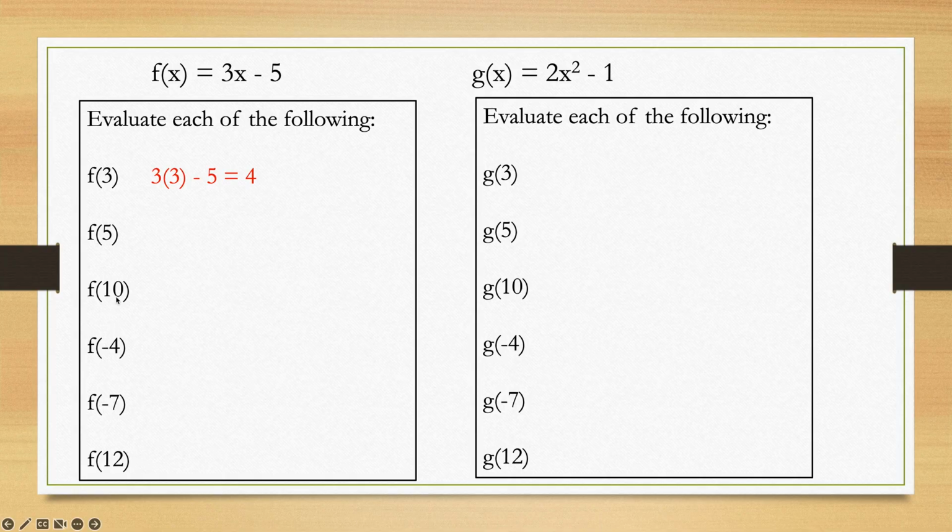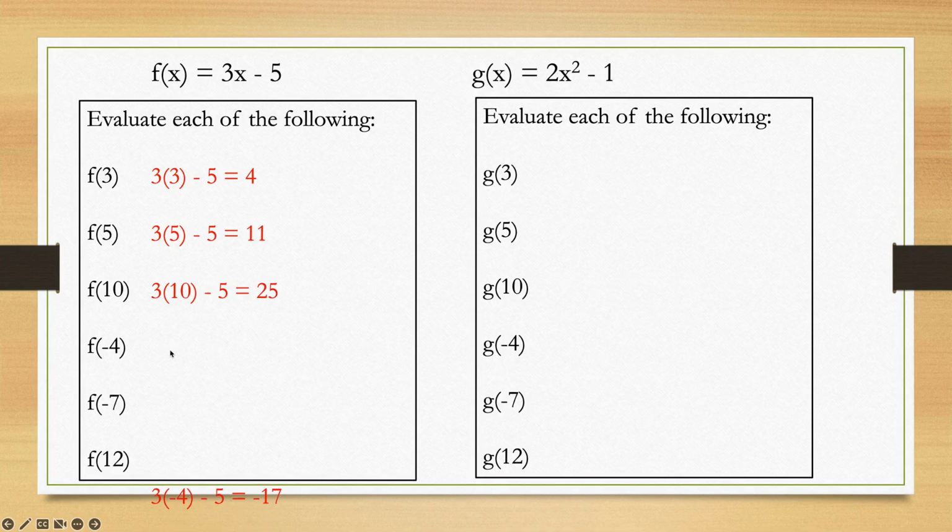Okay, so the input is 5. 3 times 5, which is 15, minus 5 is 10, not 11. Sloppy mistake here. So 3 times 5 is 15, minus 5 is 10. Okay, run out the next 4 in that left-hand table. If I input a 10, 3 times 10 is 30, minus 5 is 25.